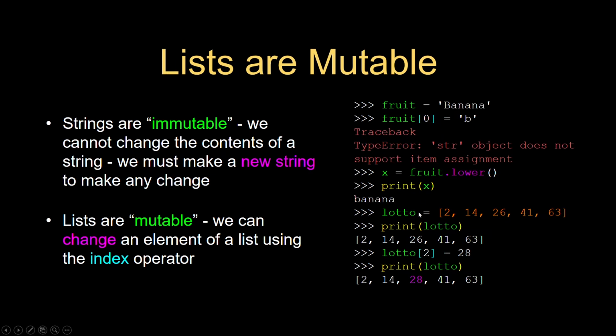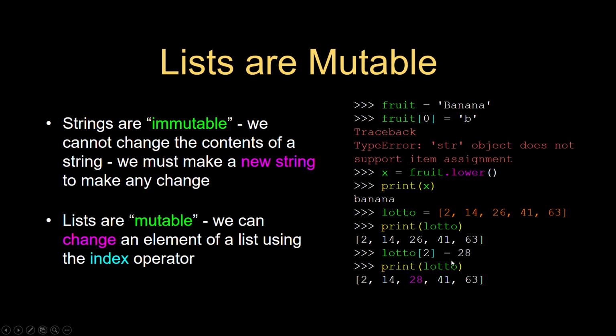For example, in a list, we can change a value. Here, Lotto is a list of 5 items, 5 numbers. When we say Lotto 2, that means 0, 1, 2, this third item, we can change by an assignment. That will change this 26 to 28. And as you can see, it was printed before the change, and then it was changed to 28.